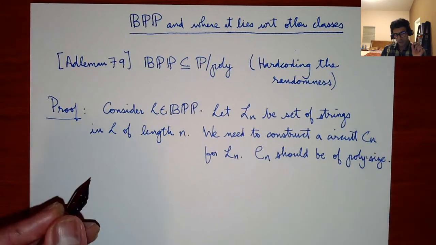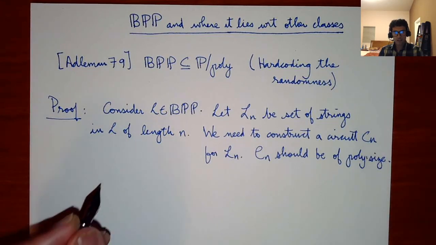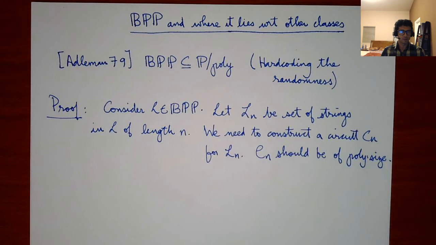The key ingredient in all the theorems that we're proving today is that we can use boosting to essentially make the probability of failure extremely small.